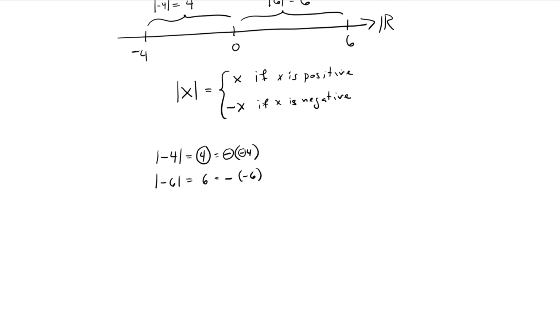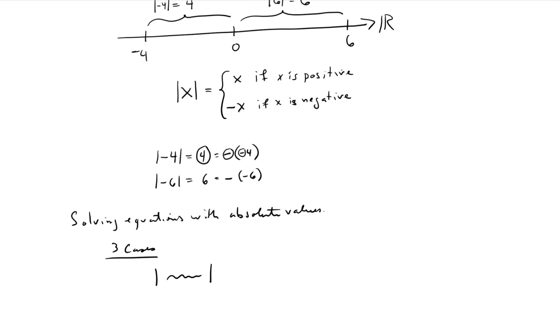Now we are going to solve equations with absolute value. Now there are 3 cases that can occur. Either the absolute value of something is equal to a positive number.